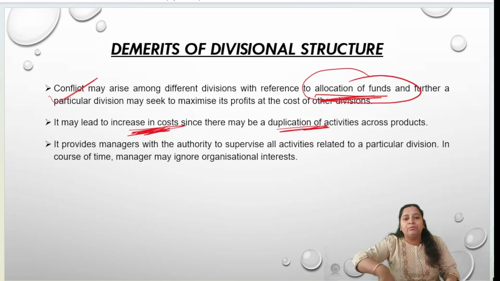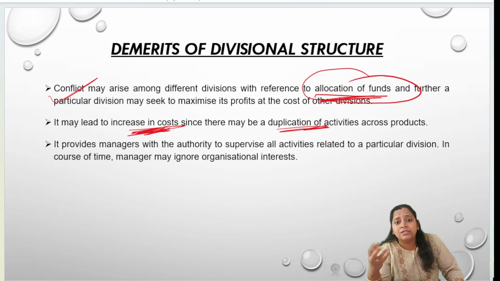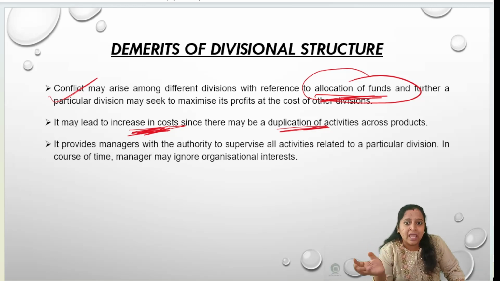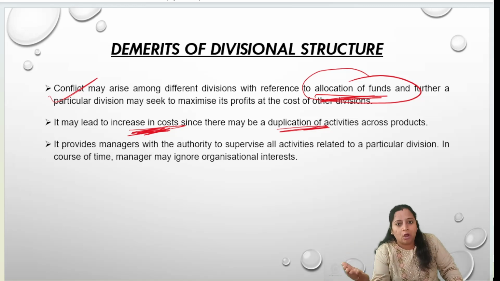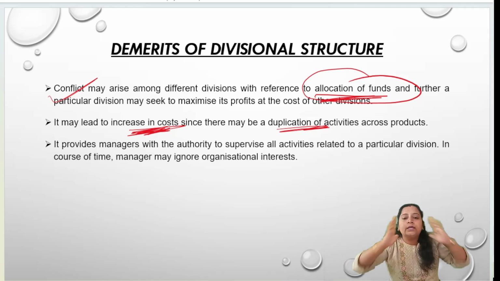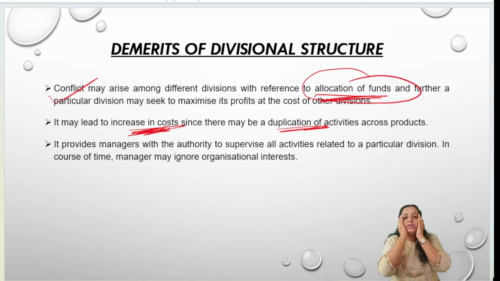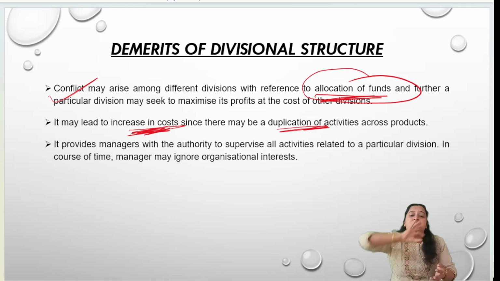In course of time, doing all this responsibility, supervising all these activities, somewhere he may lose interest in the organizational objectives. He may ignore the objectives of the organization. He will concentrate only upon his division, his product, his marketing, his financing. The overall organizational objectives will be ignored in the divisional structure.